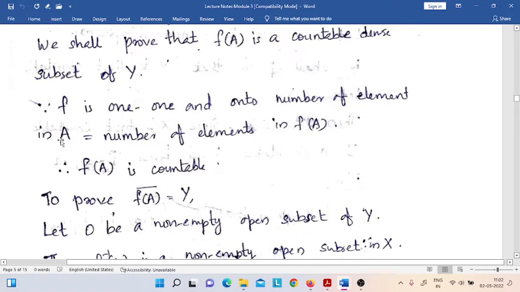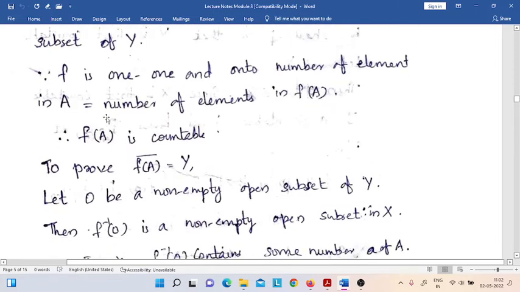Each element in A is mapped to exactly one element in f(A), or exactly one element in the second space. So the correspondence is one-to-one. For each element in A, you have exactly one image in Y, and that is present in f(A) also. Therefore, f(A) is countable.